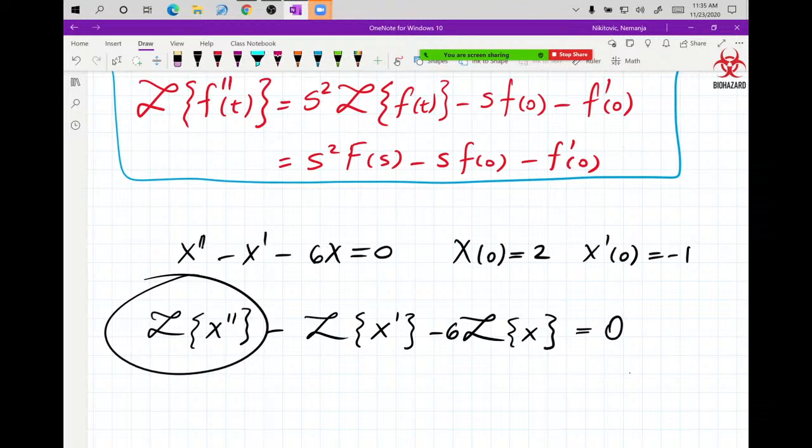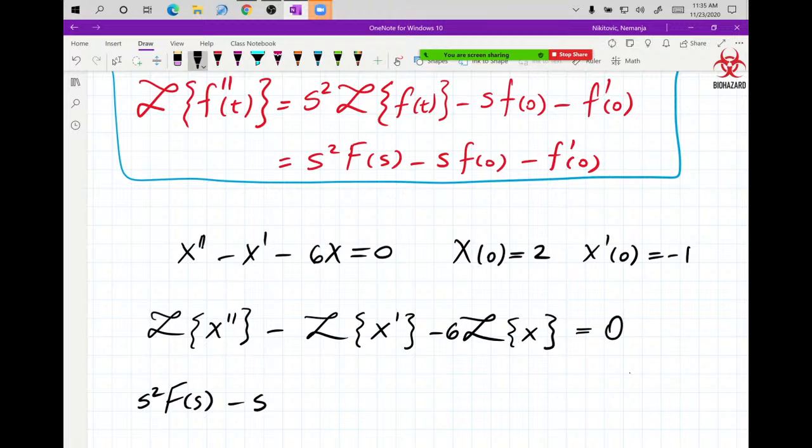Let's go. I'm going to underline that in blue and color code it so you know what is from where. So we have s squared F(s) minus s times 2 minus -1, and that is the blue part.